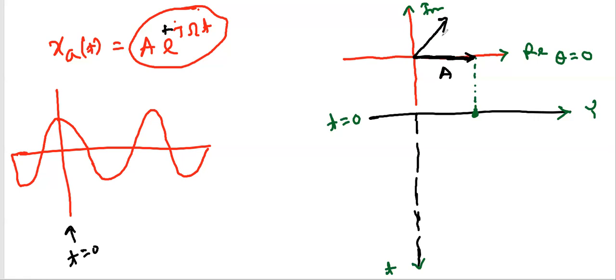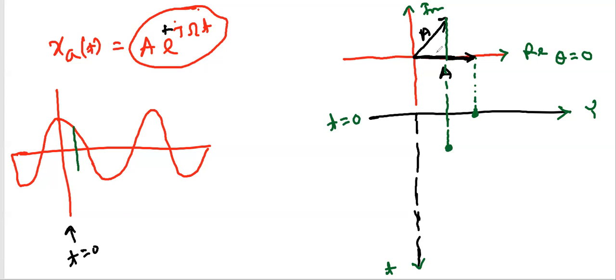Of course, the amplitude is A, where t is more than 0. And what is the amplitude at this moment? Let's say this is the amplitude. I'm plotting this amplitude, so we are at this moment.